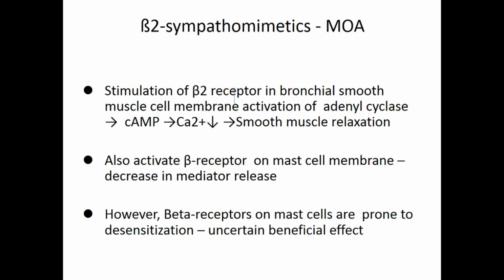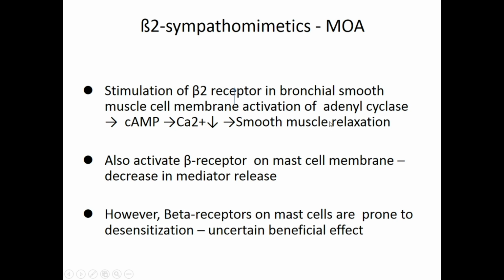Now, what exactly happens if you are stimulating the beta-2 receptors? You activate adenylate cyclase and cyclic AMP, and there is decreased release of calcium from the endoplasmic reticulum, and therefore smooth muscle relaxation.